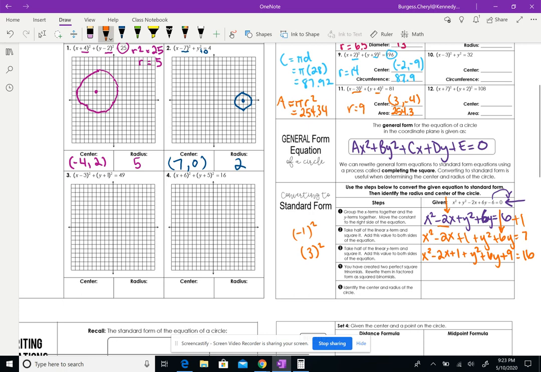Okay, so we completed the square for the x and y terms. We've created two perfect square trinomials. Rewrite them in factored form as squared binomials.